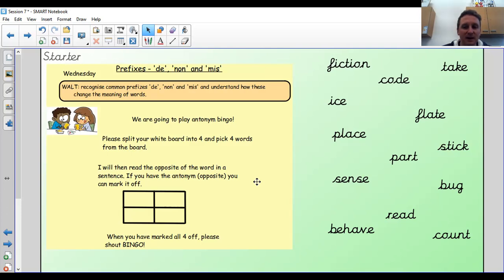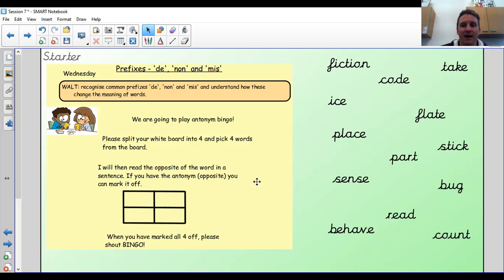Okay, the next word I'm going to go for is miscount. Okay, the next word I'm going to go for is de-ice. Okay, the one after that I'm going to go for is non-fiction. Shout out bingo when you have it.